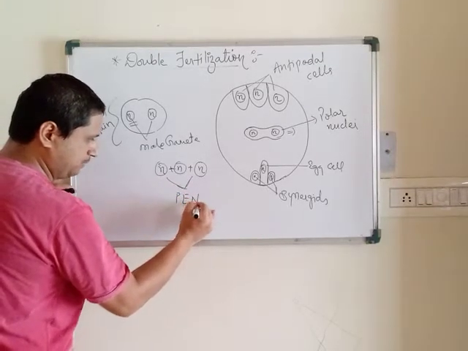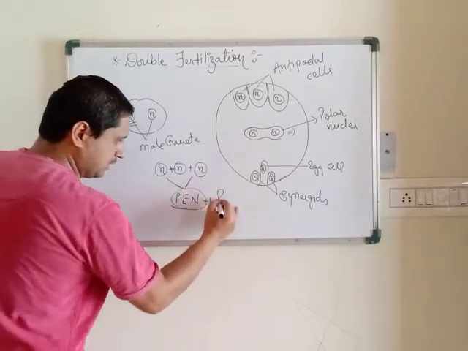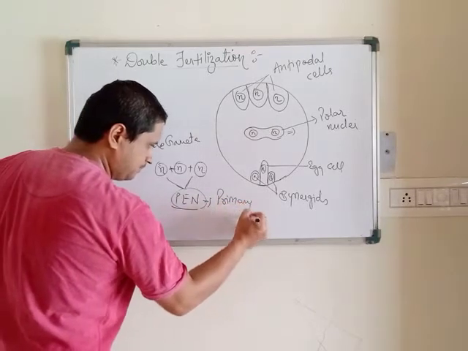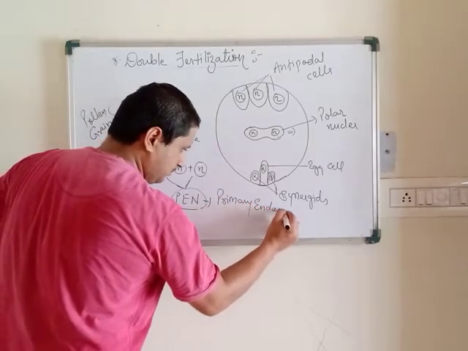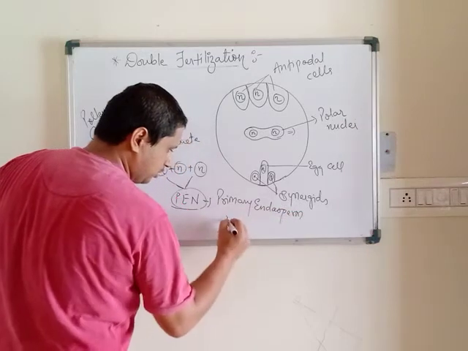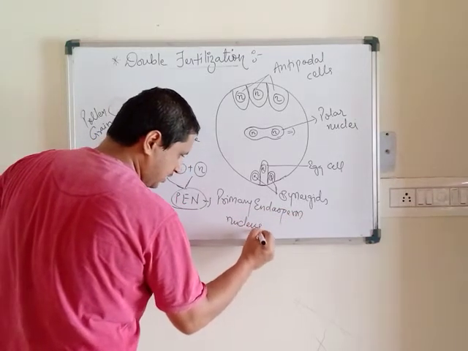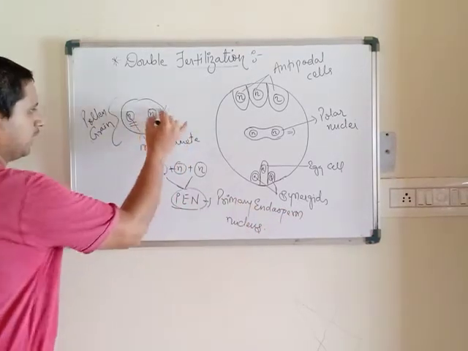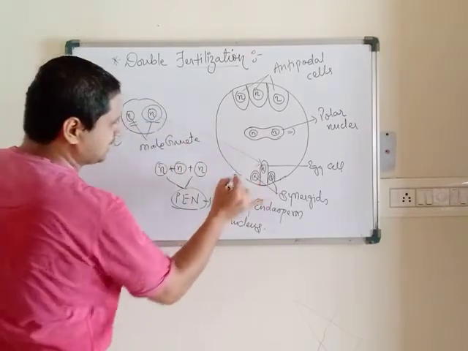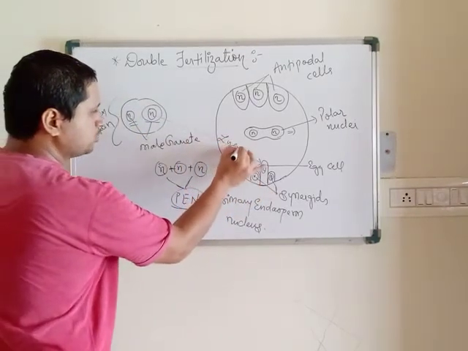The primary endosperm nucleus. Okay, children? Now the other male gamete will fuse with the egg cell to form the zygote.